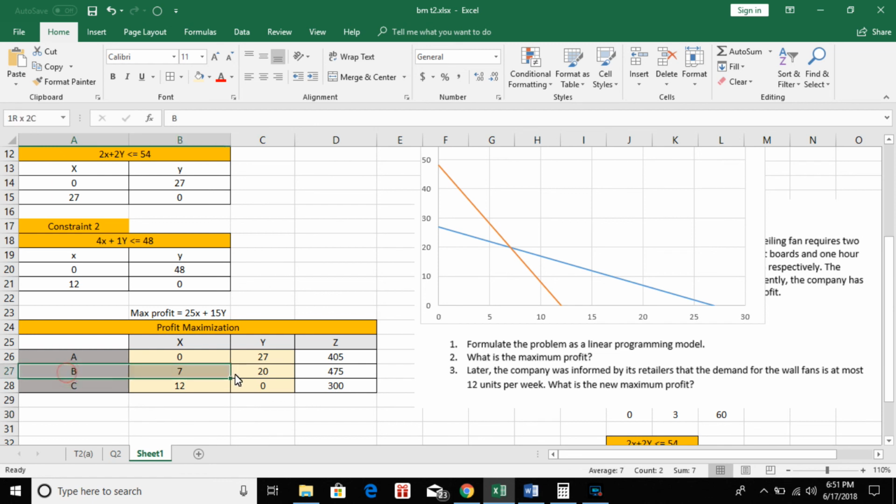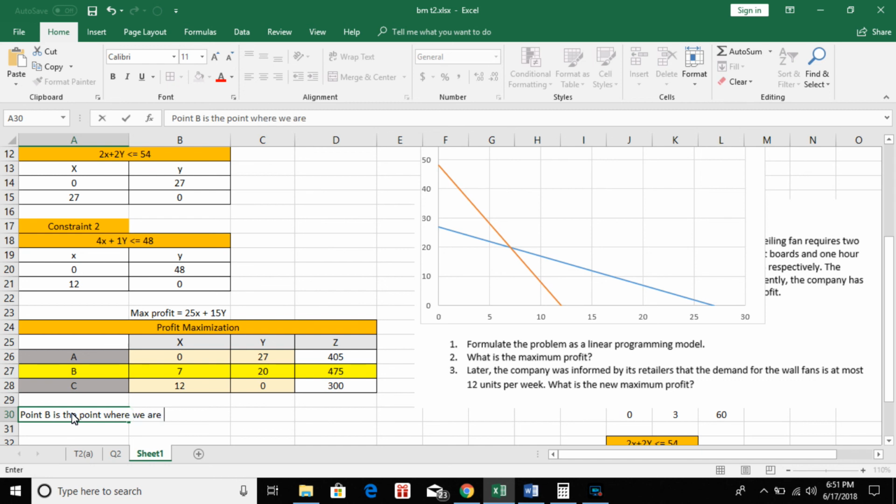Just highlight this point and comment that point B is the point where we are getting the maximum profit of 475.